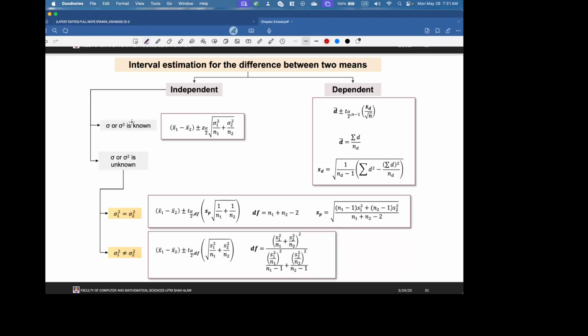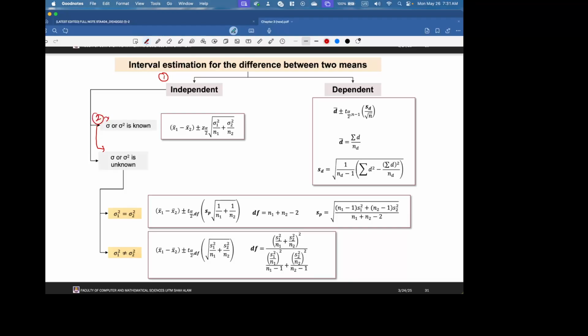The next thing you need to decide is whether sigma or sigma square is known, or sigma or sigma square is unknown. So this is the second thing you need to decide.